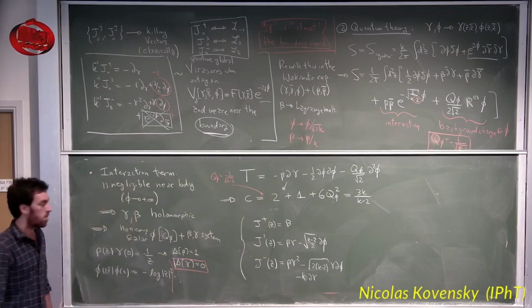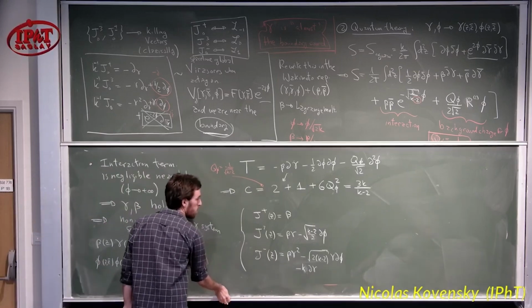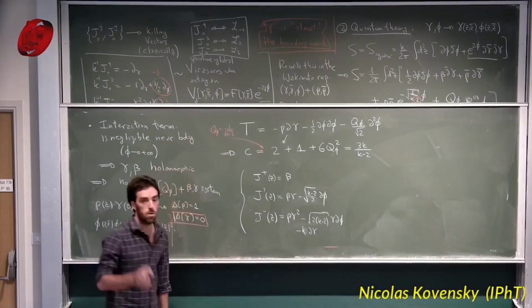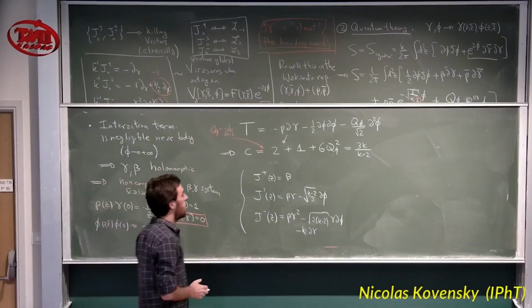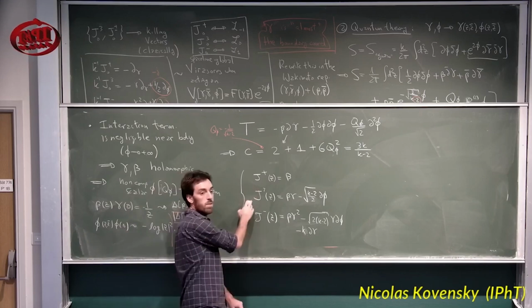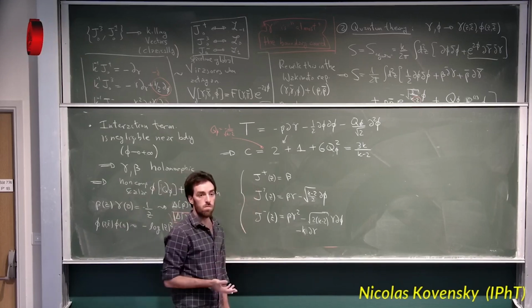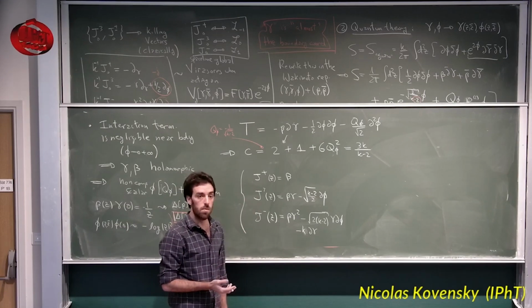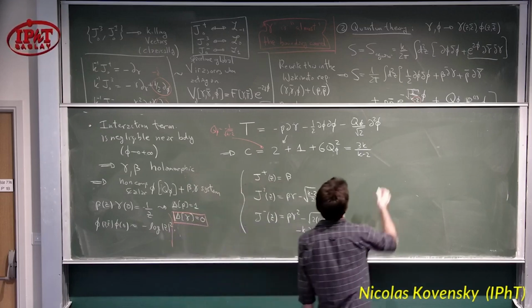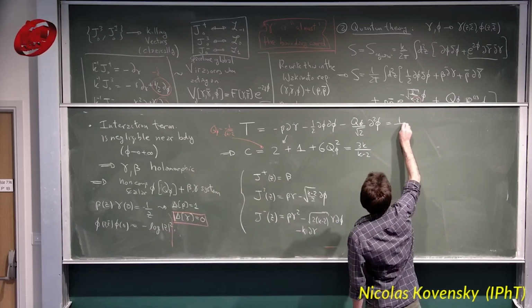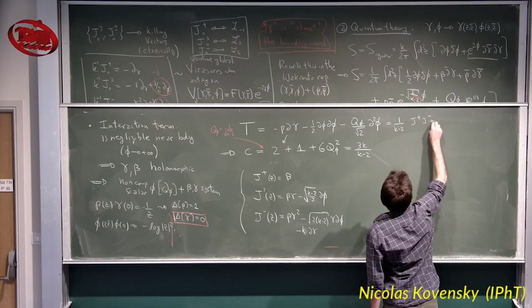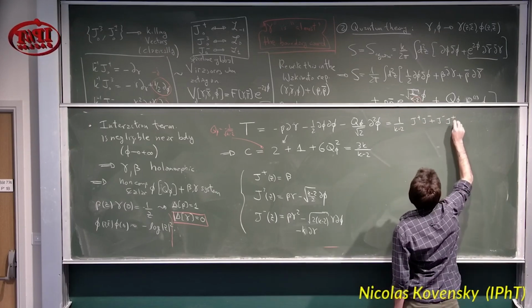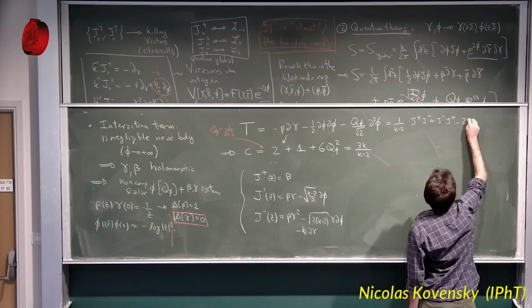Okay. This is the form of the three currents. The holomorphic ones, the anti-holomorphic ones are exactly analogous. And if you plug this in the Sugawara construction, as we did last time, you can find that this is exactly 1 over k minus 2 times J plus J minus minus J minus J plus minus J3 squared directly.